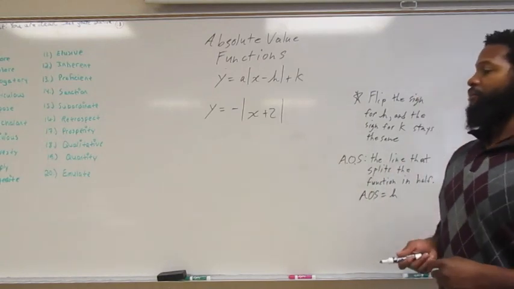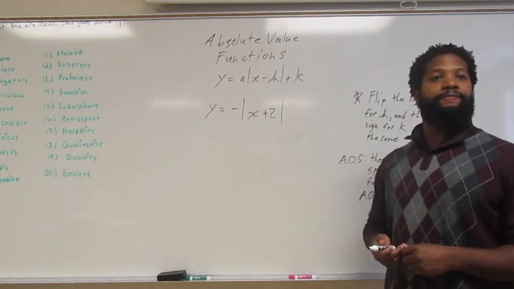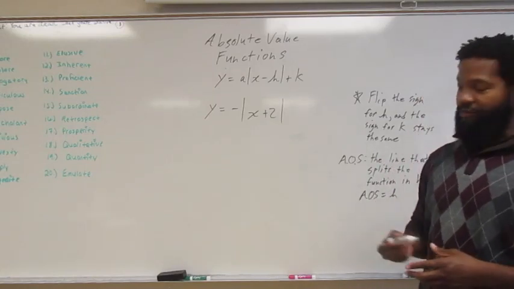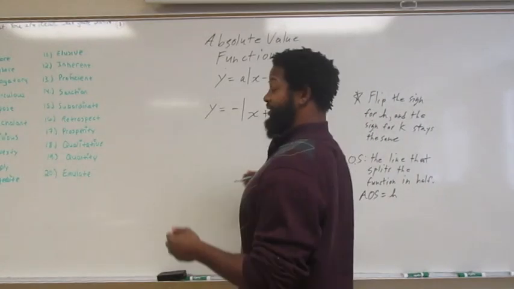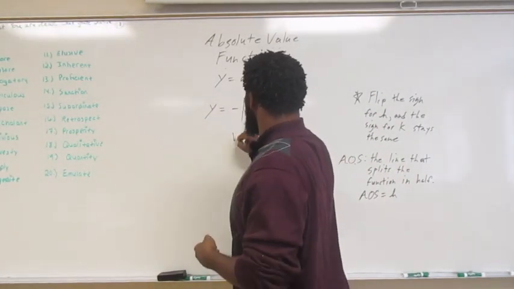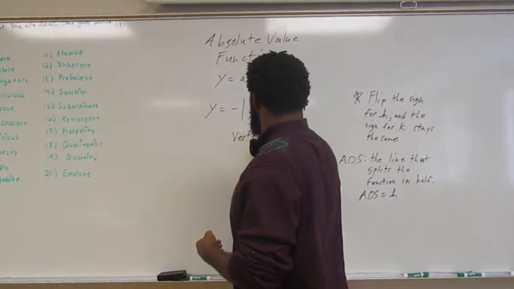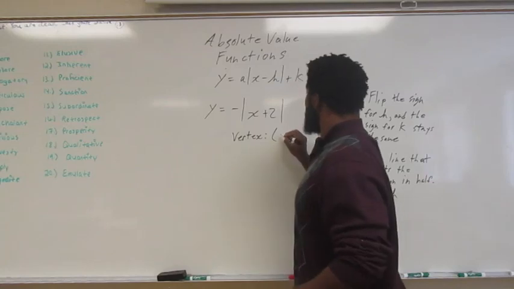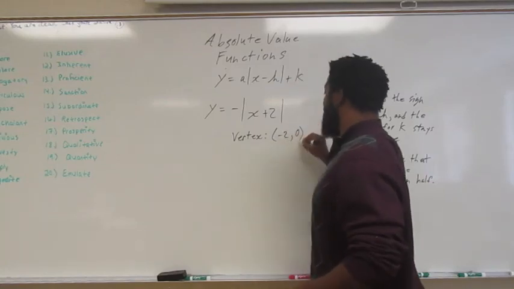Are we given our k? No, so therefore what is our k? 0. If it's not there, the number for nothing is 0. So the vertex is negative 2 and 0. What is the answer? Negative 2 and 0. Good job.